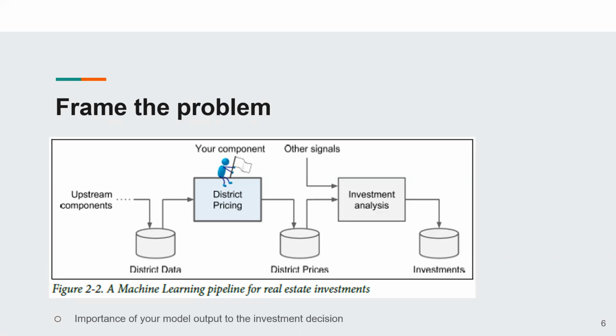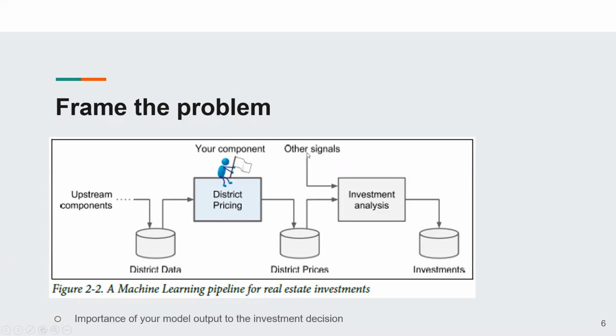For example, if you look at this problem where you're trying to predict the house price, it most likely has some upstream components, like some district data, and then you need to predict the home price so that you can predict the district price.